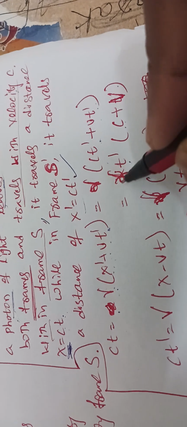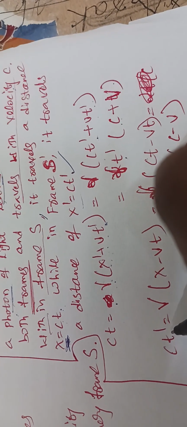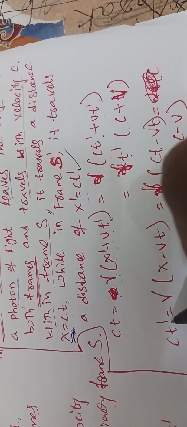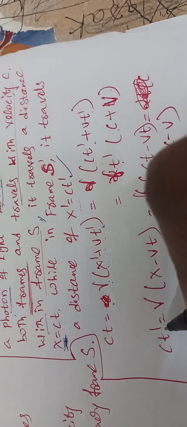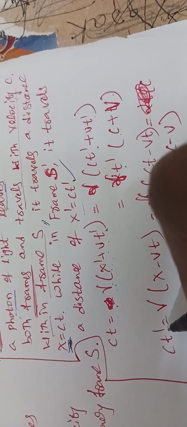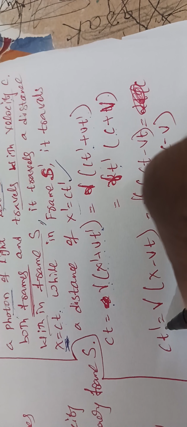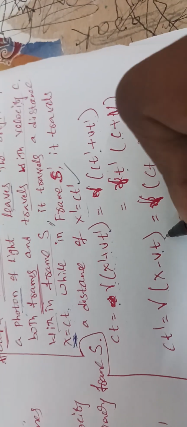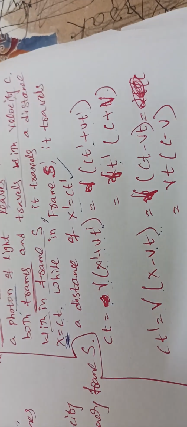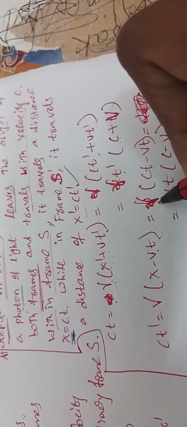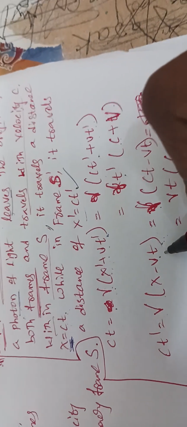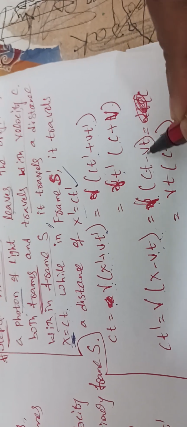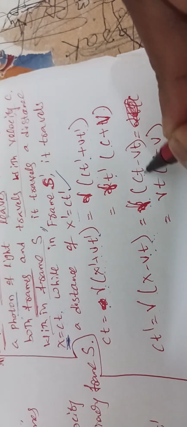Now the same thing with respect to ct dash, meaning the light delivered in frame 2, the dash frame, equal to gamma into x minus vt. Here the light has been released, and the S frame is moving in the left direction with respect to S dash, so gamma into ct minus vt, where ct is x.